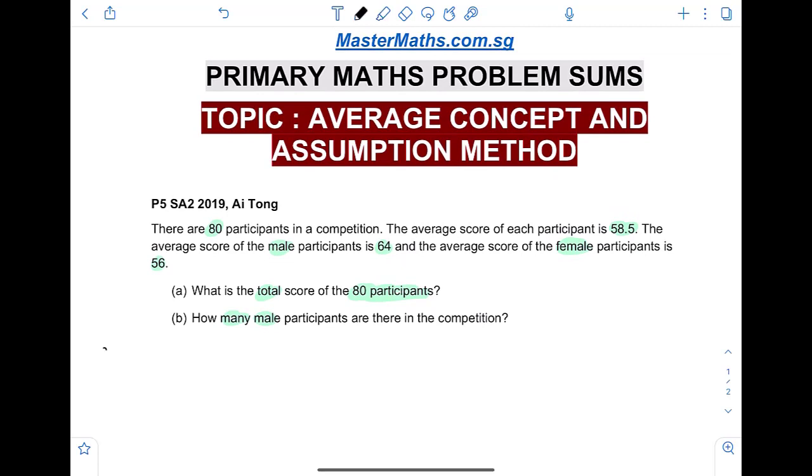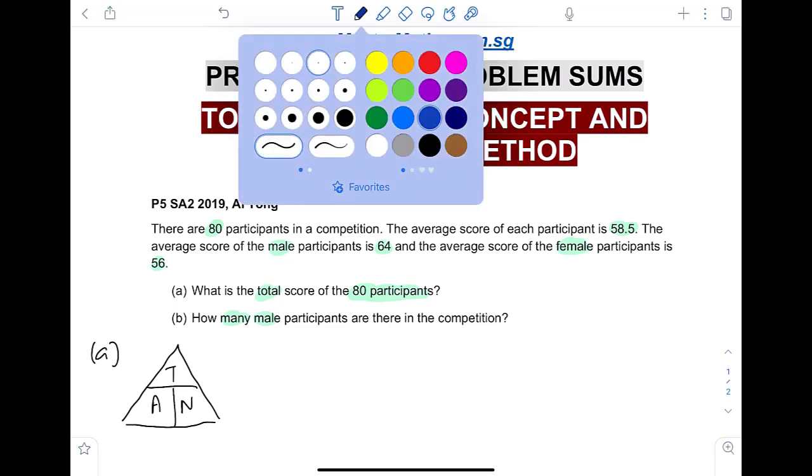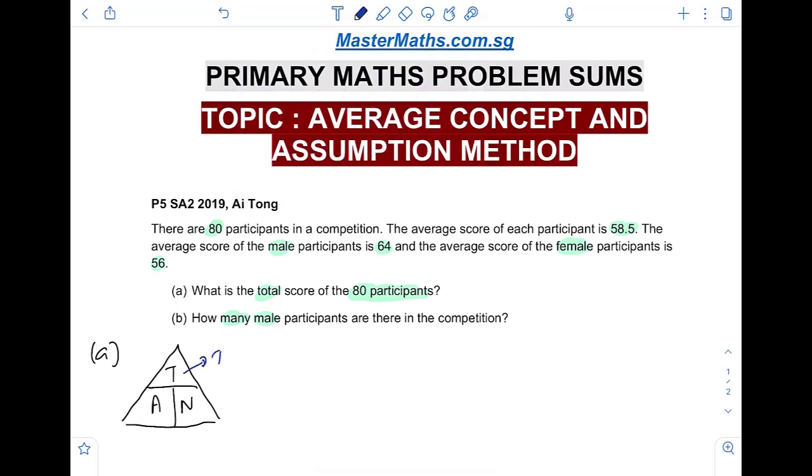Now for Part A, we can solve it quickly by understanding the TAN triangle, where T stands for total, A average, N number of items or number of people in this case. So to find the total, we just take average multiplied by the number of people.